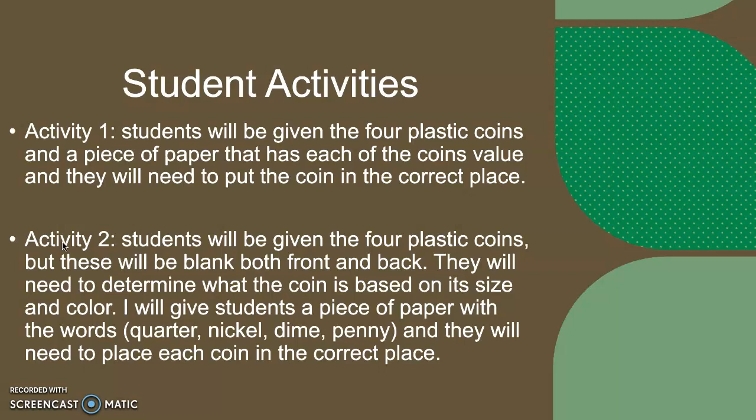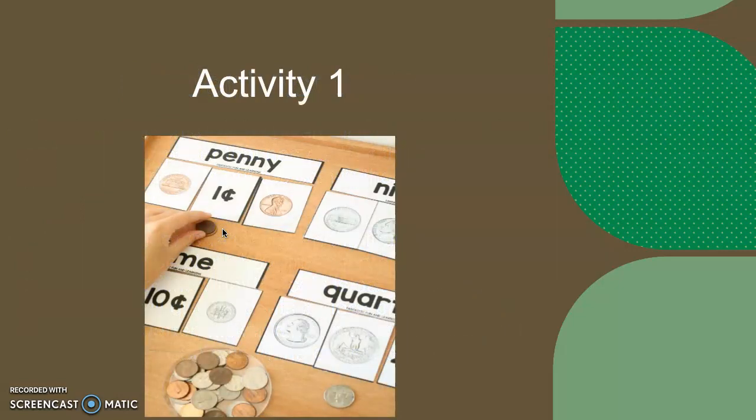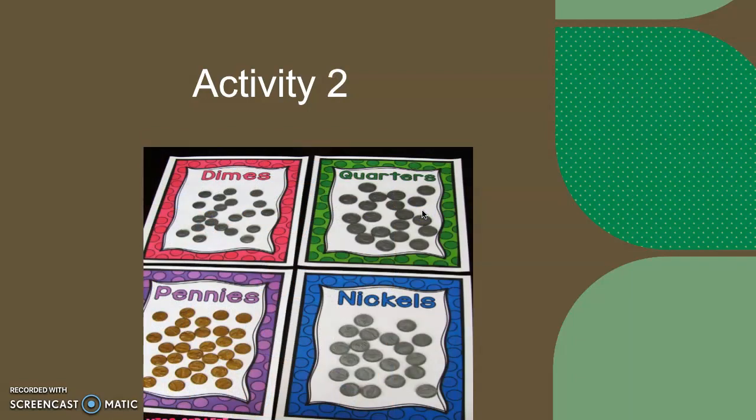I will give you a piece of paper with the words quarter, nickel, dime, and penny, and you will need to place each coin in the correct name. So here's activity number 1, where students will place the coins in the correct place based on their value. And here's activity number 2. You will place the blank coins on the piece of paper that has the correct name of the coin based on its size and color.